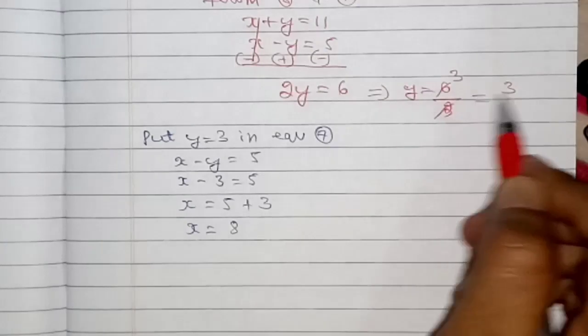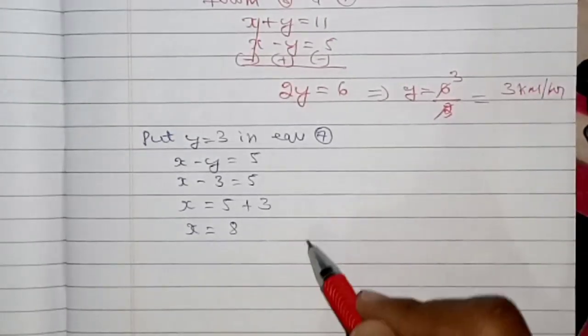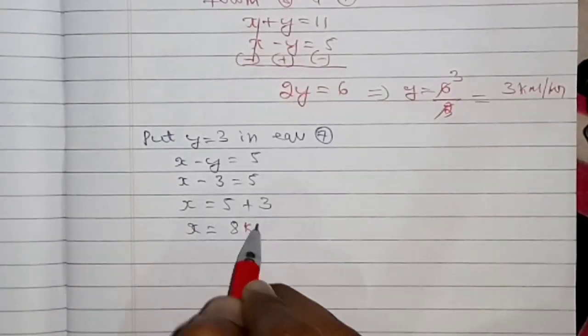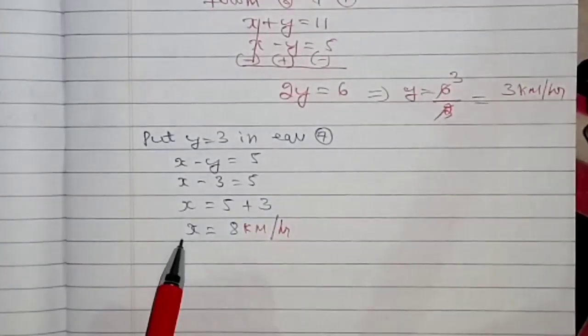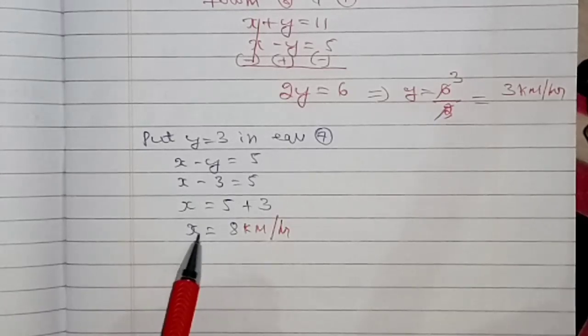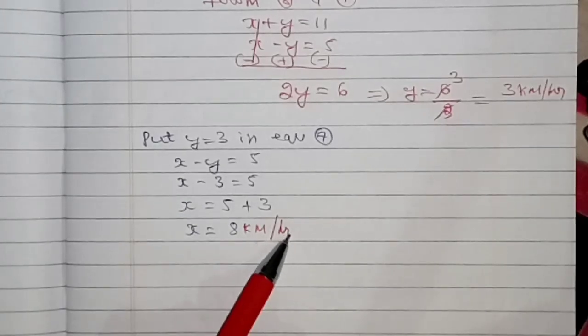So y is equals to 3 kilometer per hour and x is equals to 8 kilometer per hour. We wrote x as the speed of a boat in still water. So what is the speed of a boat? 8 kilometer per hour.